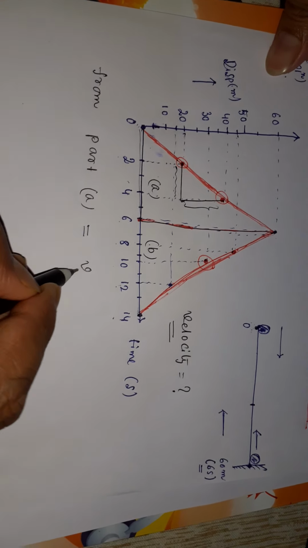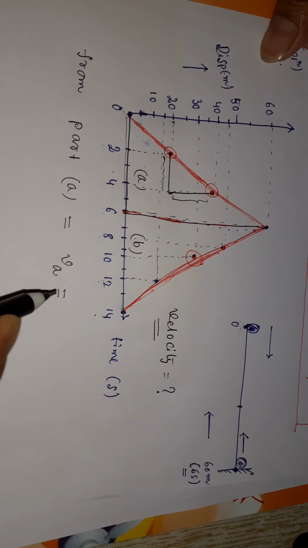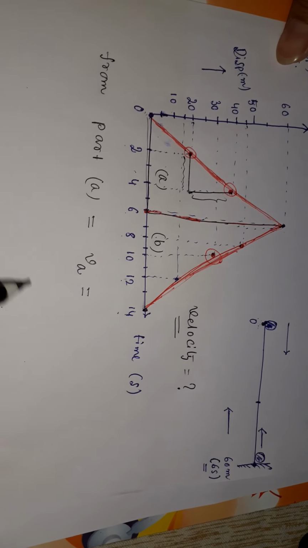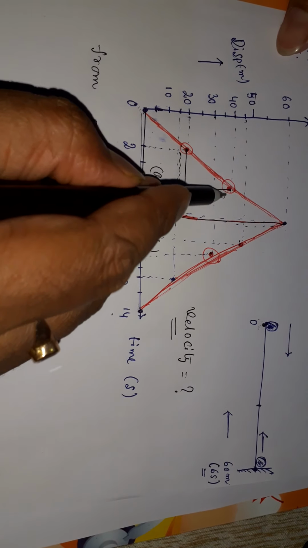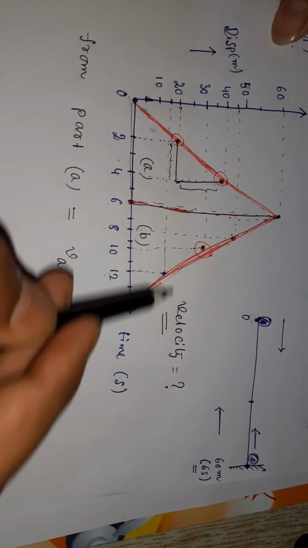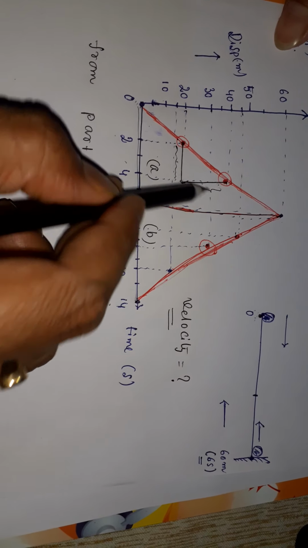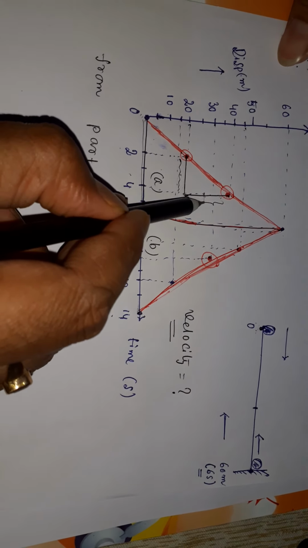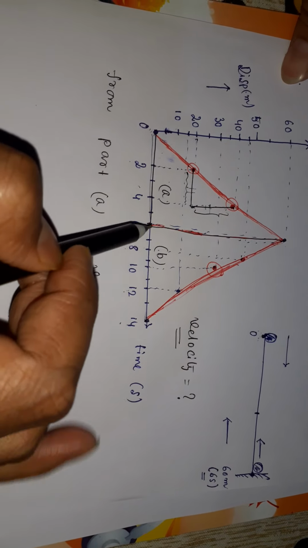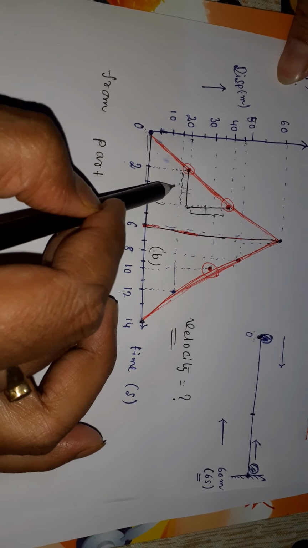The velocity, that means VA. Velocity is this one by this one, as we calculated in the previous video: displacement divided by the time.